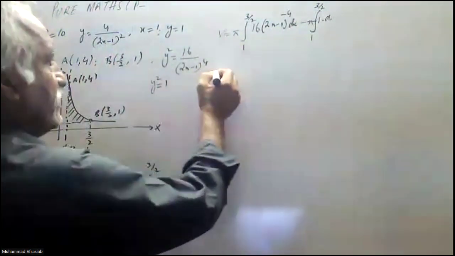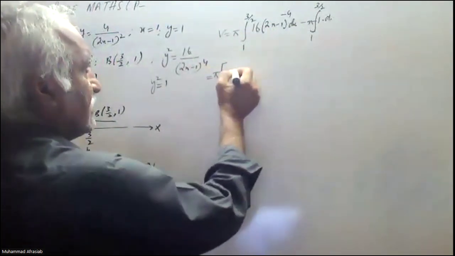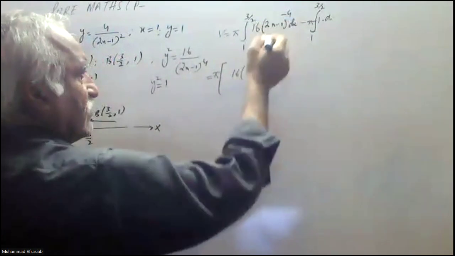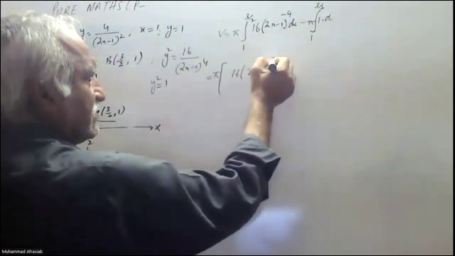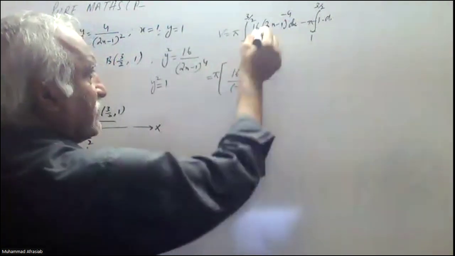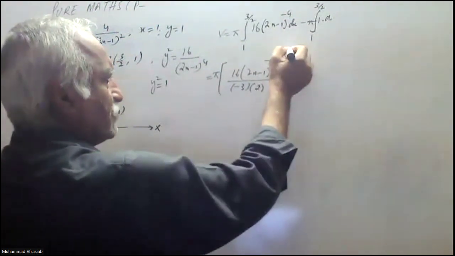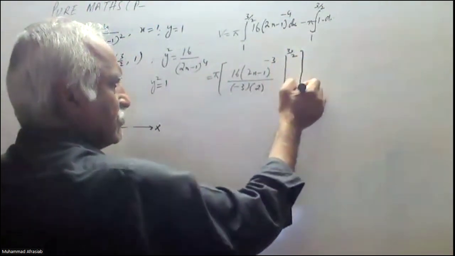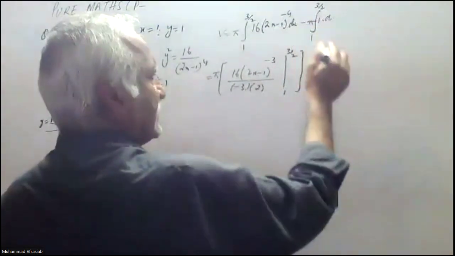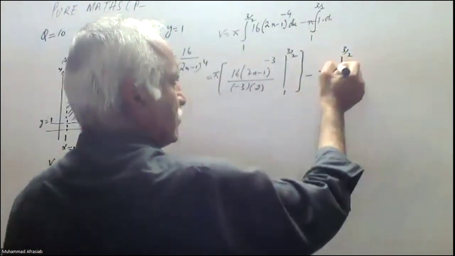So this volume will be equal to pi, 16 as it is, (2x minus 1) by applying the integration formula, this is power minus 3, into the derivative of 2x minus 1, which is 2, and the limits are 1 to 3/2, minus pi as it is, 1 integration is x, and the limits are 1 to 3/2.